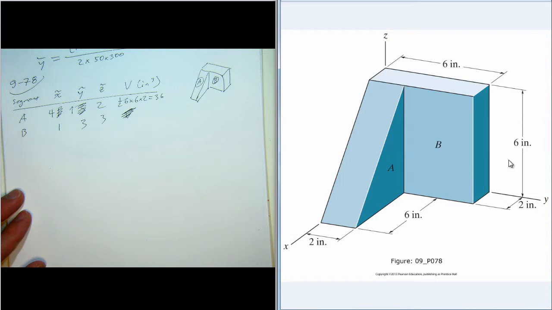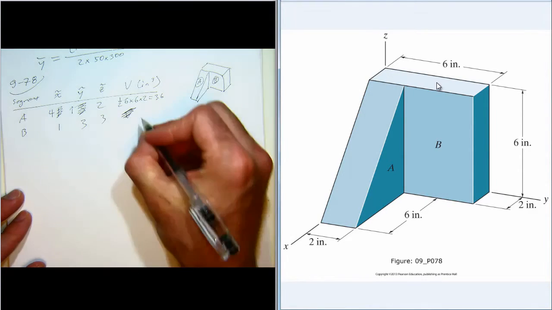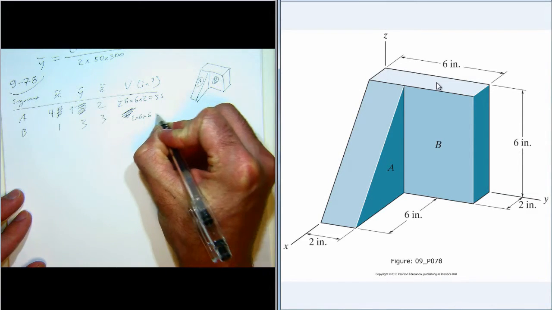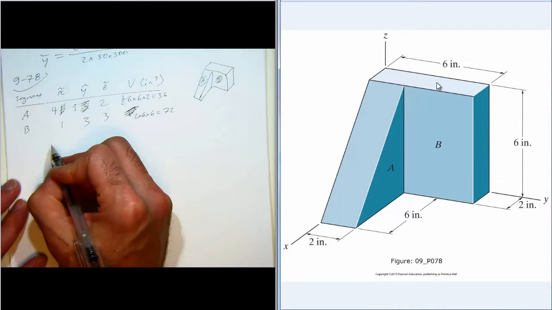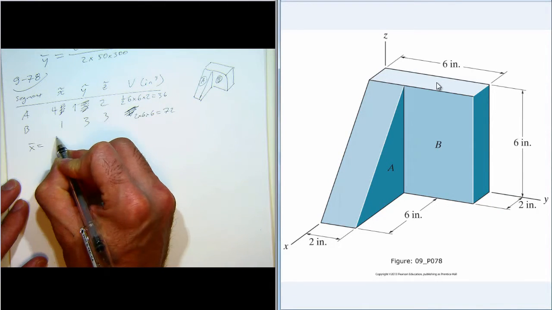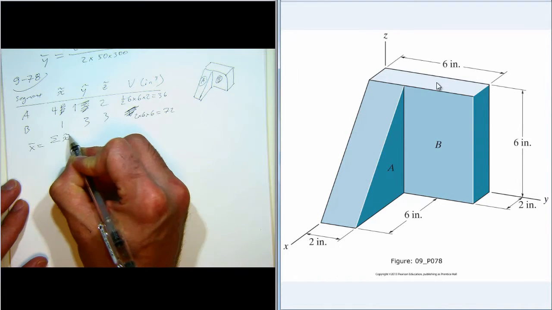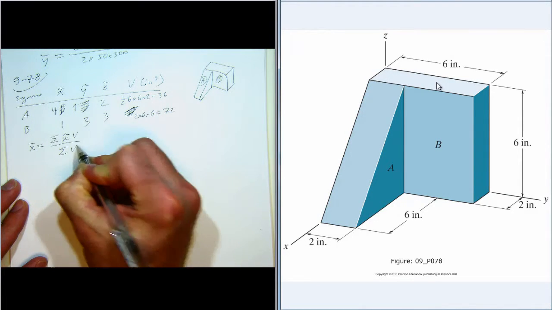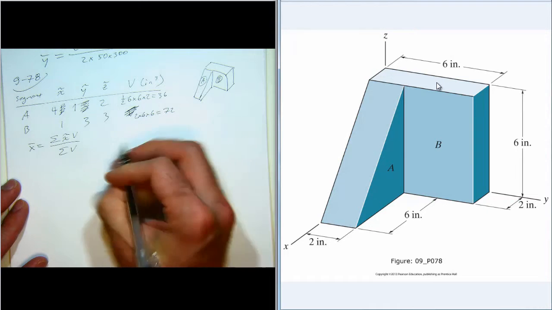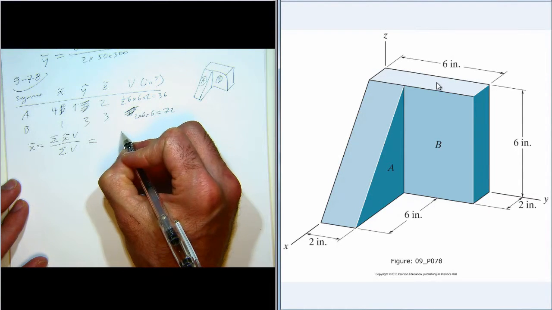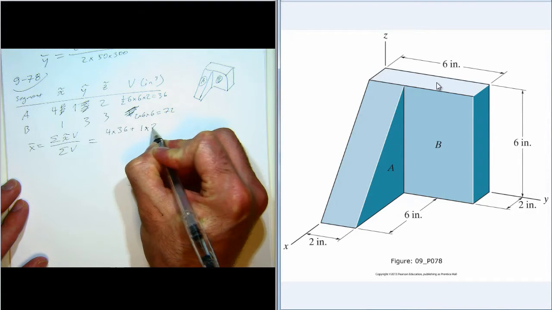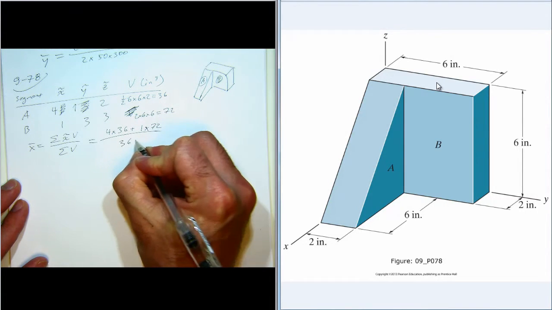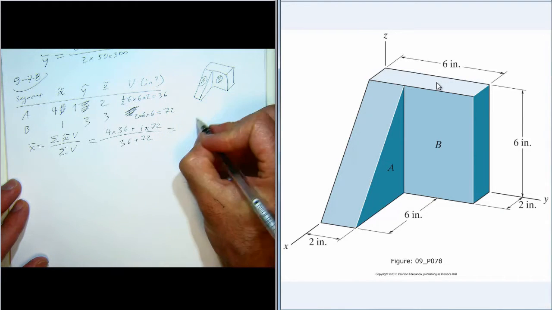The volume is 2 times 6 times 6, so it's 72 inches cubed. So we'll just use, for example, x bar is sum of x tilde times v divided by sum of the v. And so that is 4 times 36 plus 1 times 72 divided by 36 plus 72. And that's 1.47.